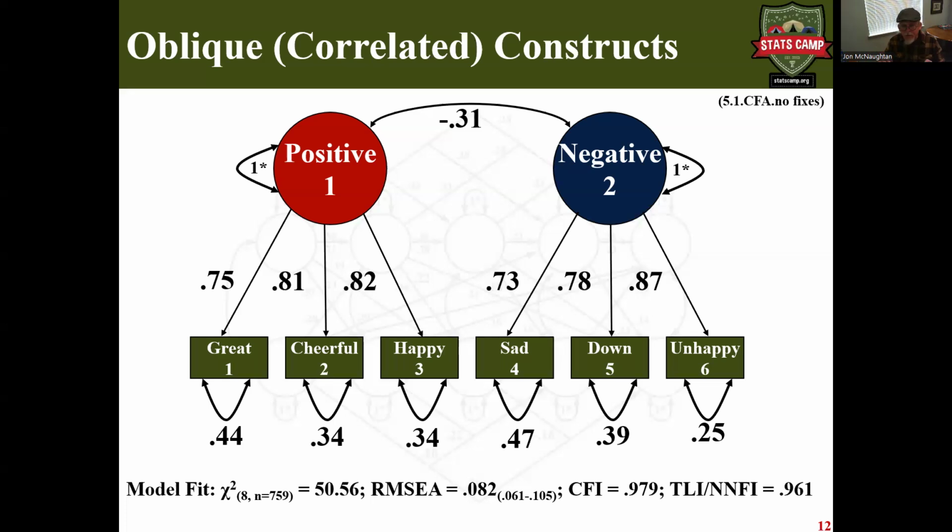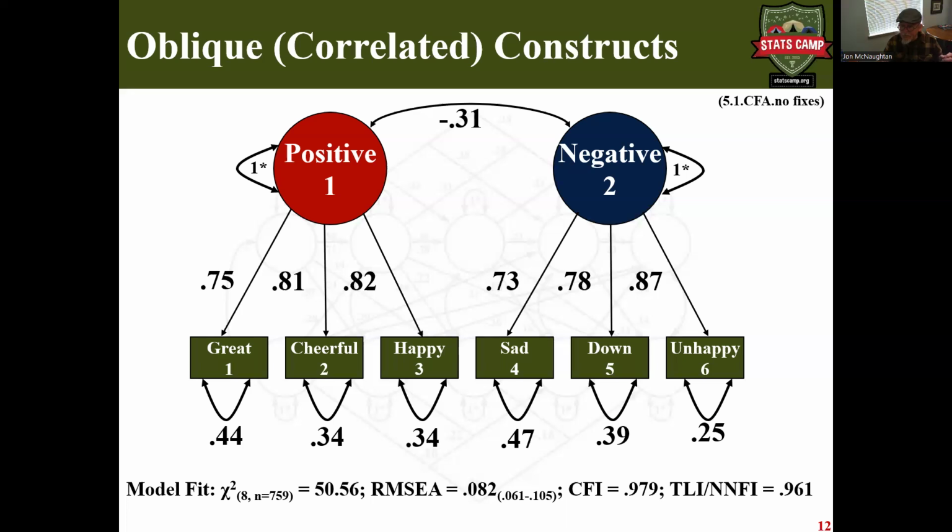But we have another set of fit indices that are commonly used. The RMSEA, also called the root mean squared error of approximation, will give us a point estimate plus a 90% confidence interval. Typically, if the confidence interval is below 0.08, we consider that acceptable model fit. Then we have the CFI, the comparative fit index, which is one way to think about as what percentage of the information in the observed data did I capture in this model. When we get to about 0.90 or higher on that fit index, we say we have acceptable model fit.